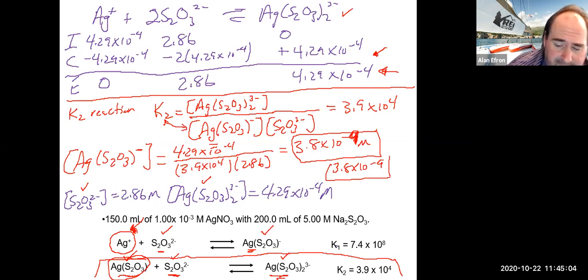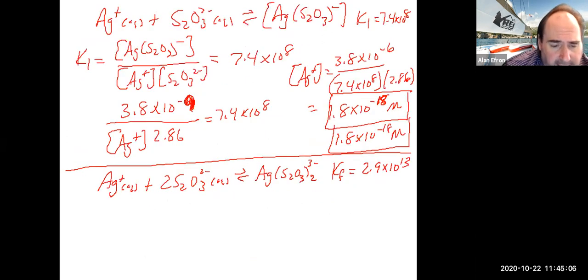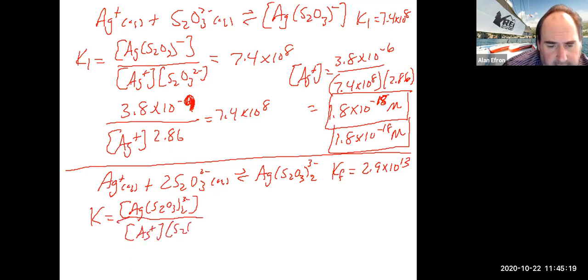So if we did that, our K here would be the complex concentration divided by our silver and our S2O3 2- squared equals 2.9 times 10 to the 13.